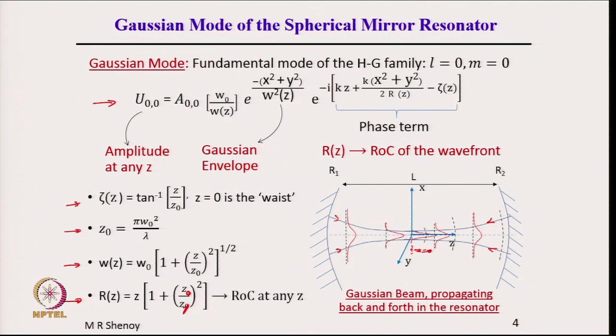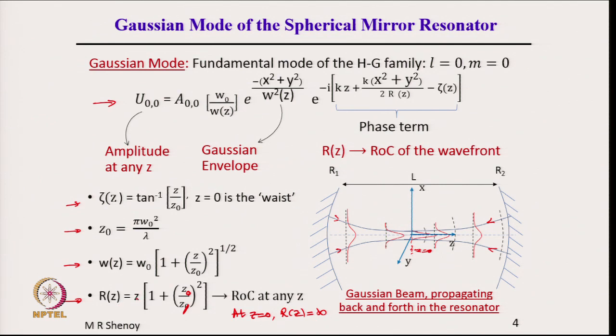And therefore, at z is equal to 0, R of z is infinity. What does it mean? R of z is infinity means it is a plane wave, it is a plane wavefront.